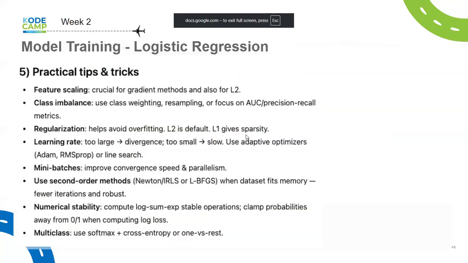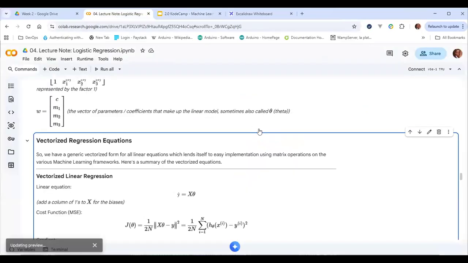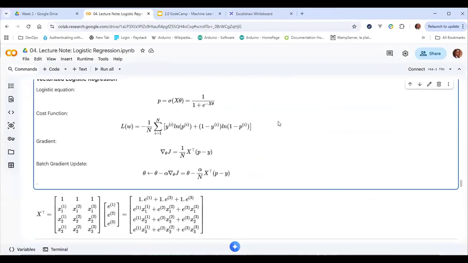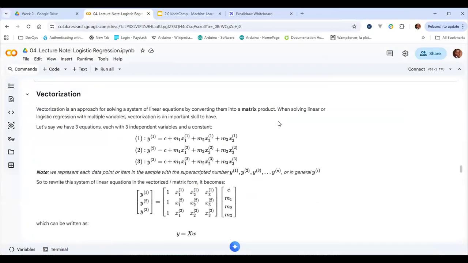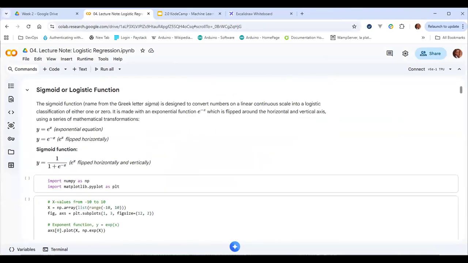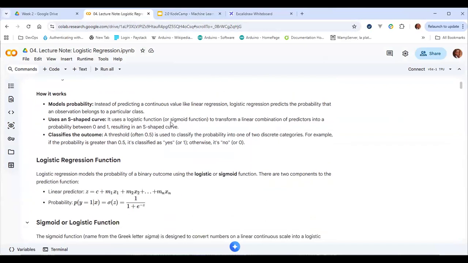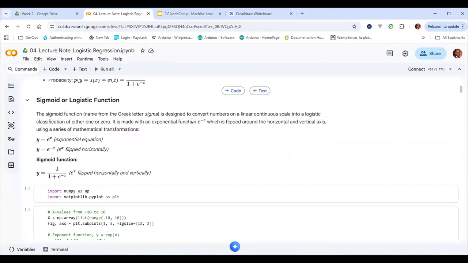So with this, I want to quickly show you logistic regression. I'm going to share this again. It's a statistical method. You have a sigmoid or logistic function.